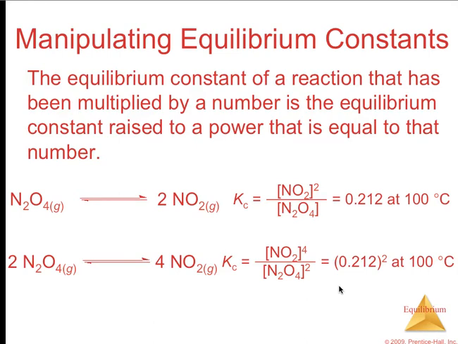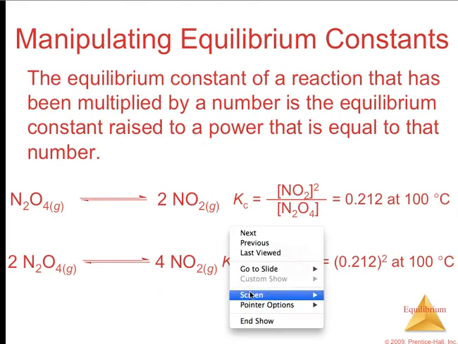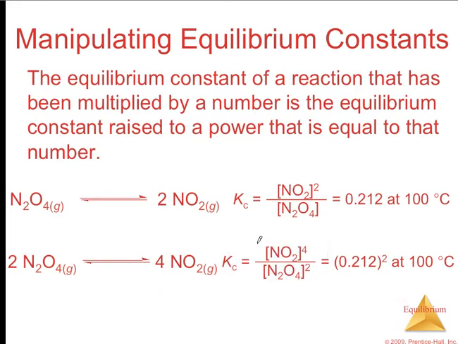What happens if I multiply an equation by a coefficient? If you notice, I multiply this first equation just by 2. Okay, so I'm doubling the whole equation stoichiometrically. What happens to my equilibrium constant? I'm going to call this Kc1, and I'm going to call this Kc2.